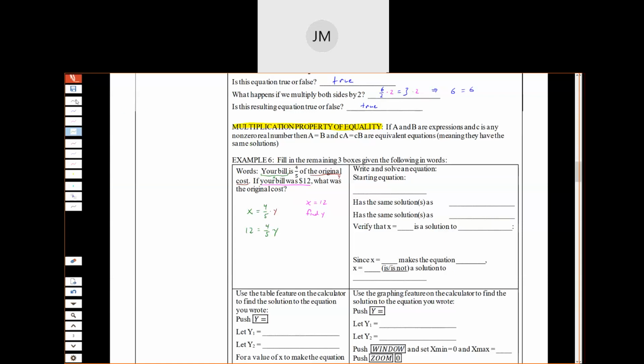So I'm going to have a starting equation of 12 equals 4/5 times y. And that has the same solution. If I wanted to get the 4/5 to go away, what I could do is multiply by its reciprocal. I can multiply by 5/4.